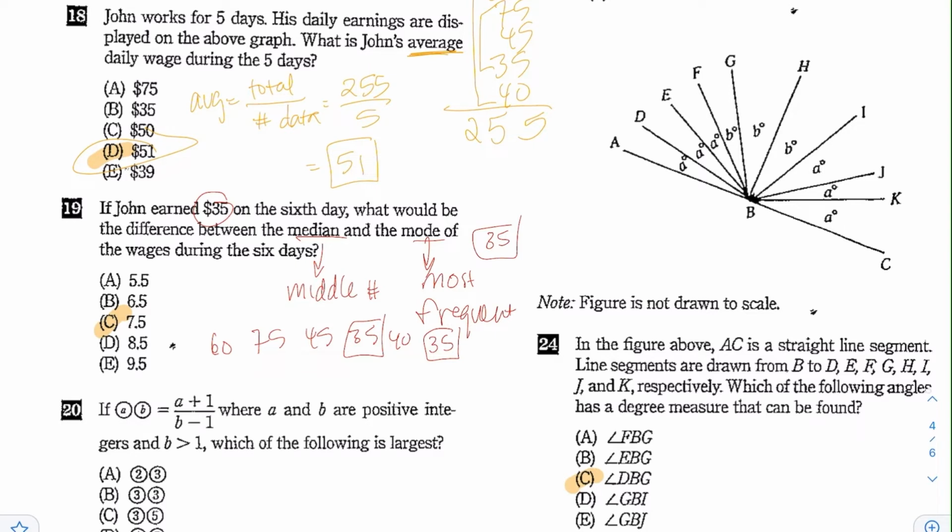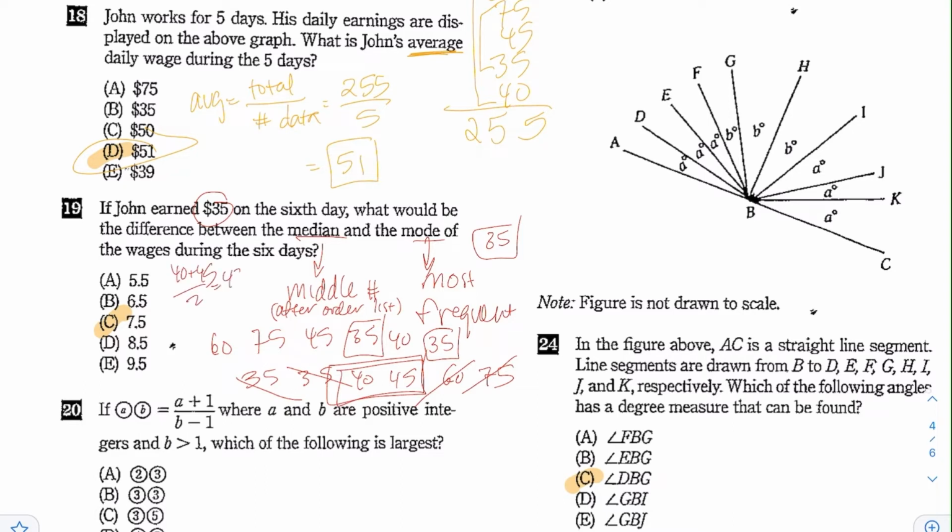And for the middle number, the median, you have to order the list. So you have to make sure it's from smallest to biggest. So you'll have 35, 35, 40, 45, 60, and 75. And because there's two things in the middle, it'll just be the average of 40 and 45.